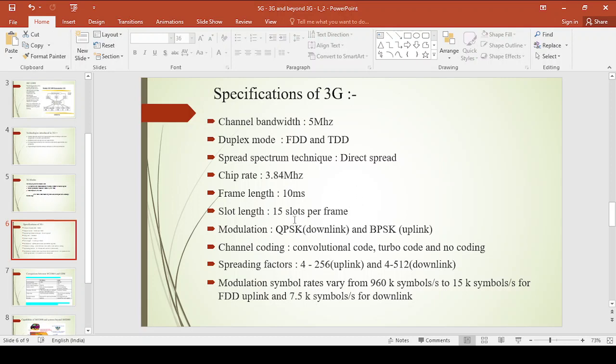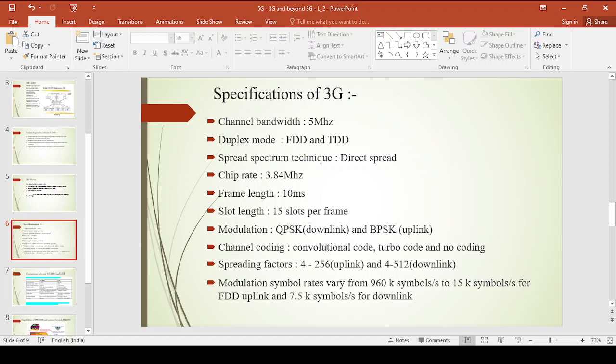The modulation technique that can be used under 3G is QPSK for downlink and BPSK for uplink. QPSK is quadrature phase shift keying for downlink, and BPSK is binary phase shift keying for uplink.